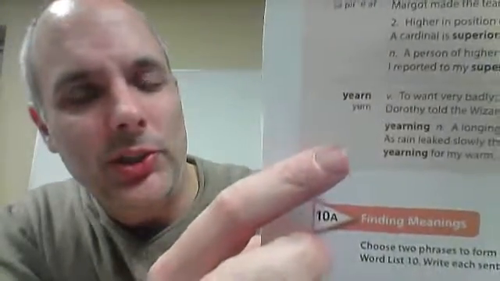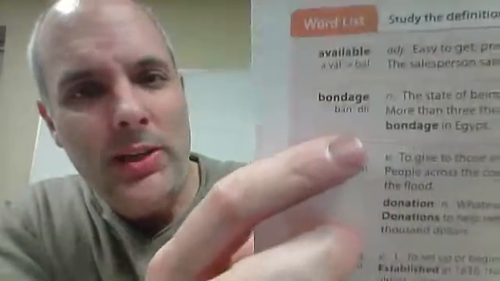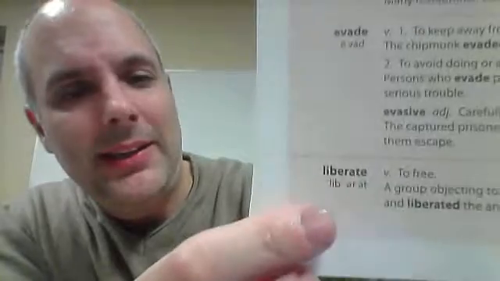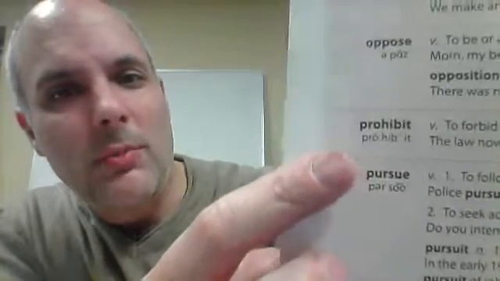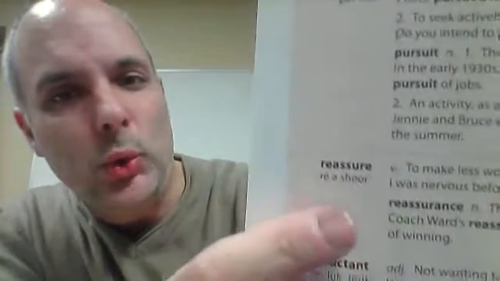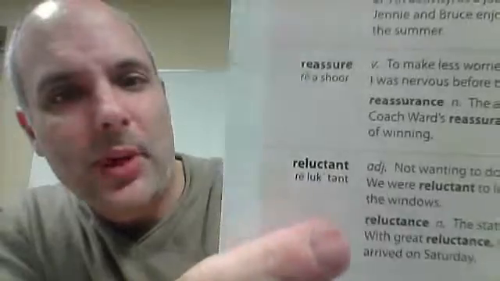And yearn, yearn, okay? Okay, so one more time real quick, because we always do. Available, bondage, donate, establish, evade, liberate. Numerous, occasion, oppose, prohibit, pursue, reassure, reluctant, superior, and yearn.